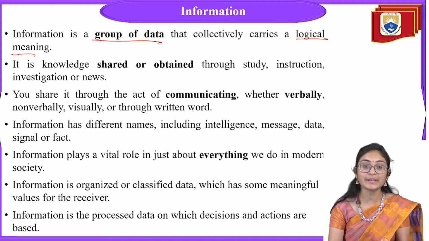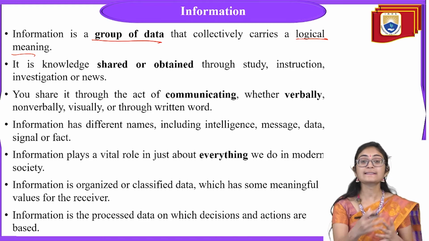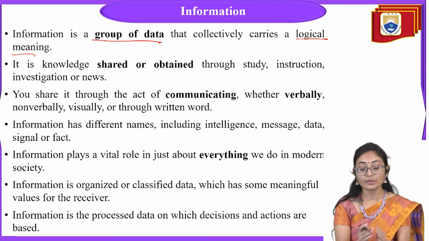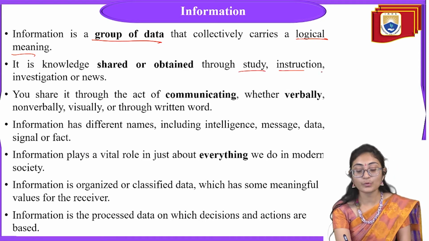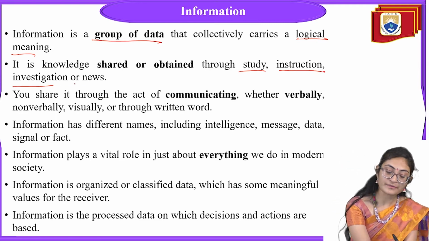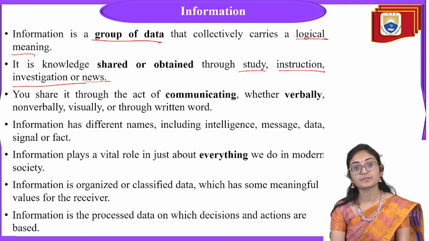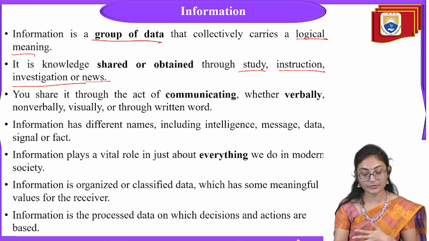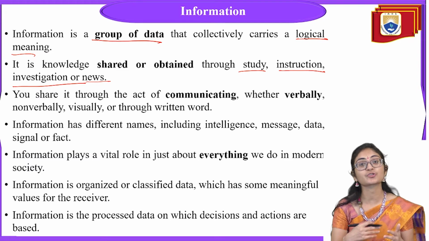That means we can say it is the knowledge shared or obtained through study, through instruction, investigation, or news. We can obtain the knowledge from various sources by studying some instruction, some investigation, or news.